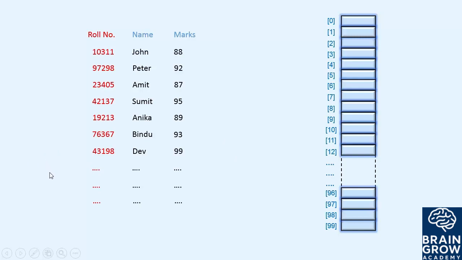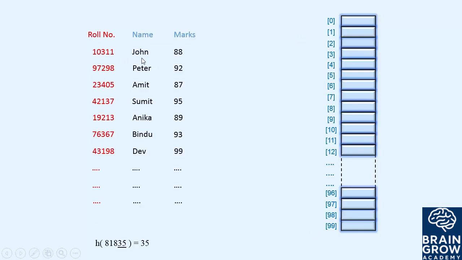Suppose we take a hash function that takes a key and returns the last 2 digits of that key. For example, if we have this roll number 81835, then its hash value would be 35. And so the record of this student will be stored at index 35 of this array. So using this hash function, we'll have addresses in the range 0 to 99 only.